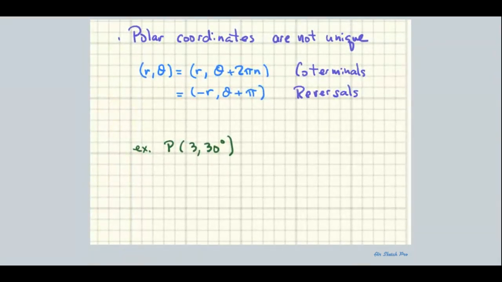As I said, polar coordinates aren't unique. For any particular radius and angle theta, theta has an infinite number of coterminal angles that represent the same direction. So I could talk about 30 degrees, and that's the same thing as 390 degrees, and it's the same thing as negative 330. 30 degrees, 390 degrees, and negative 330 degrees are all the same angle.